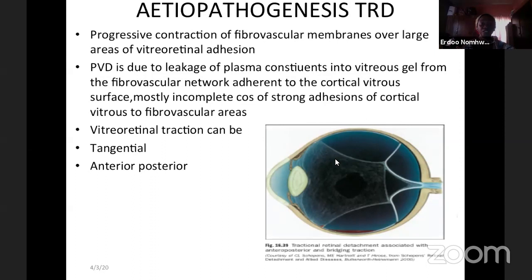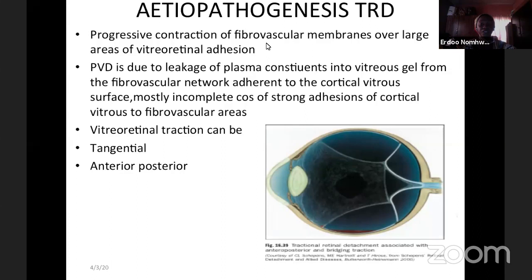So the progressive contraction of these fibrovascular membranes over these areas of vitreoretinal adhesions, we will remember that the vitreous is firmly attached to the retina at some particular points: at the optic disc, the blood vessels, the ora serrata, that's the vitreous base. So whenever you have progressive contraction of fibrovascular membranes over these areas of vitreoretinal adhesion, it can predispose you to having tractional retinal detachment.